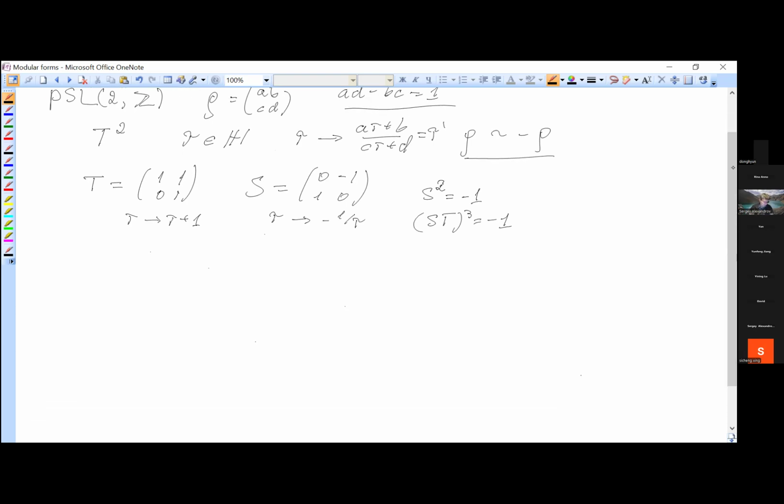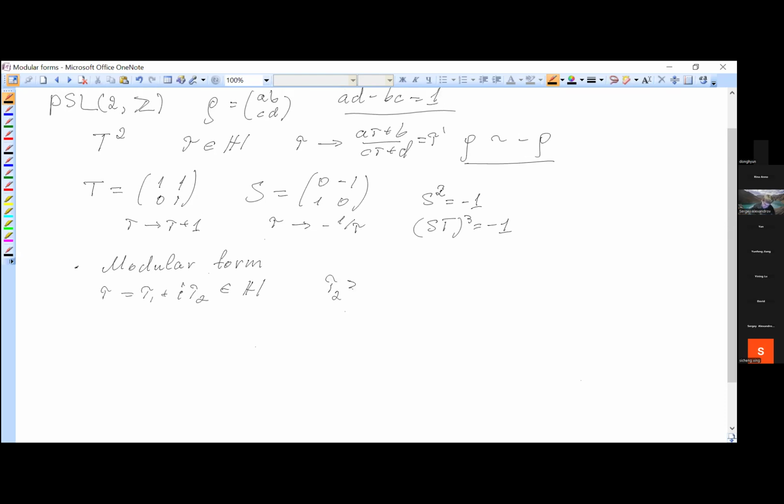Now, let's define what a modular form is. As before, we consider the variable tau, and I will denote by tau1 its real part and by tau2 its imaginary part. Since it belongs to the upper half plane, tau2 should be positive.